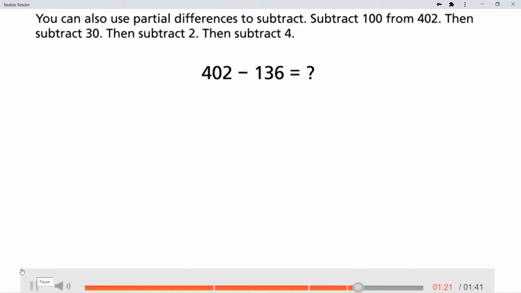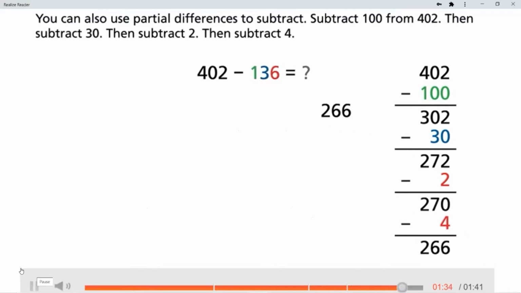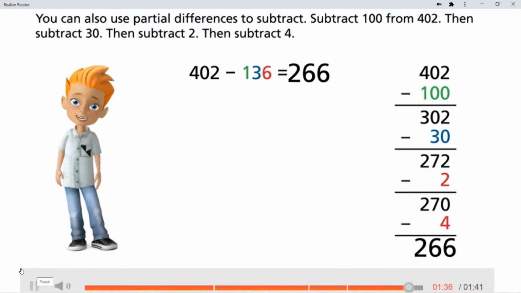You can also use partial differences to subtract. Subtract 100 from 402. Then subtract 30. Then subtract 2. Then subtract 4. There are 266 cell phone towers in Jurlo County.